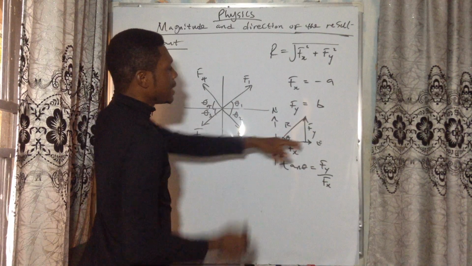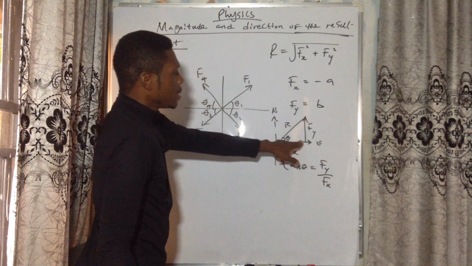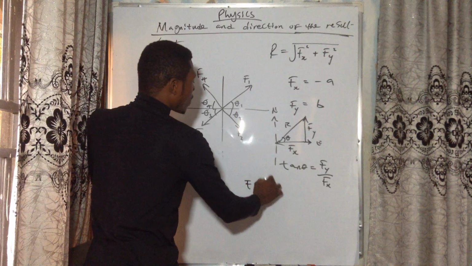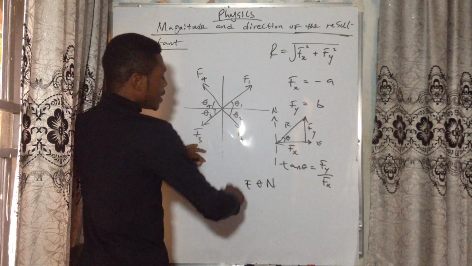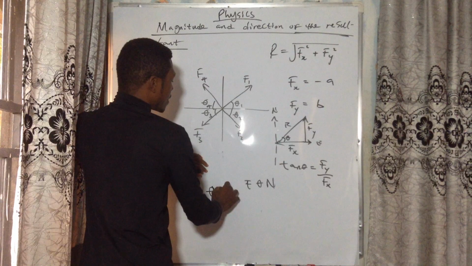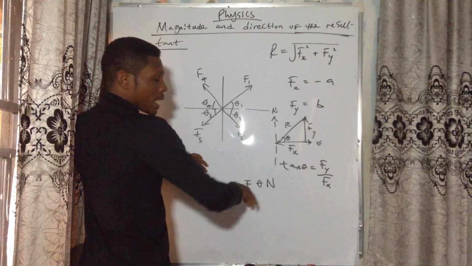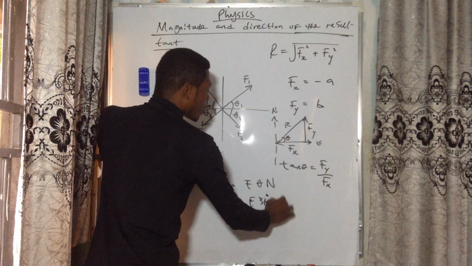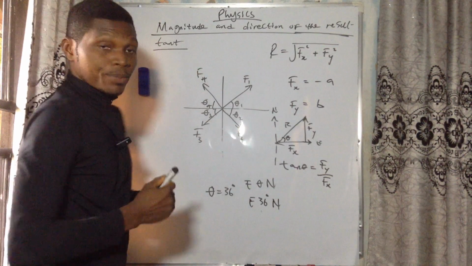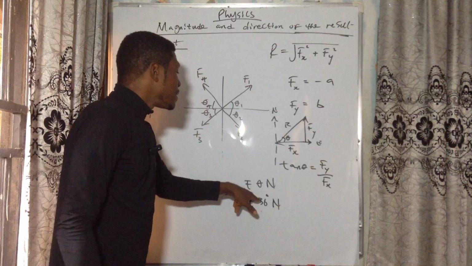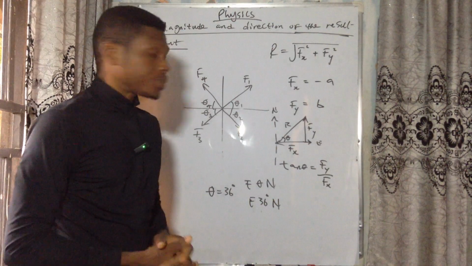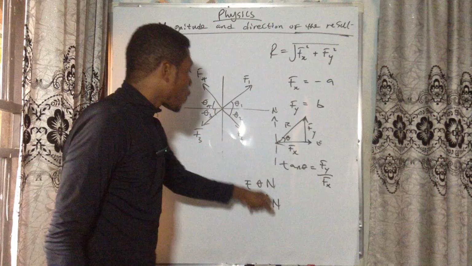So this angle is east theta north. Let's say theta is 36 degrees. So the angle will be east 36 degrees north, and you read it like this: 36 degrees north of east. That's how you will read it.